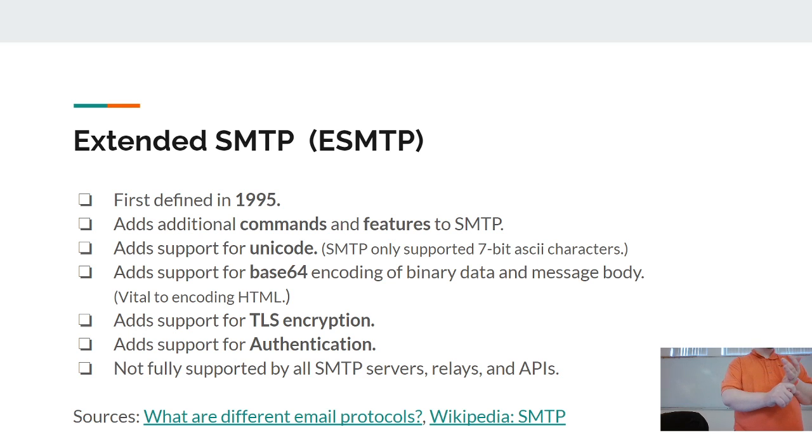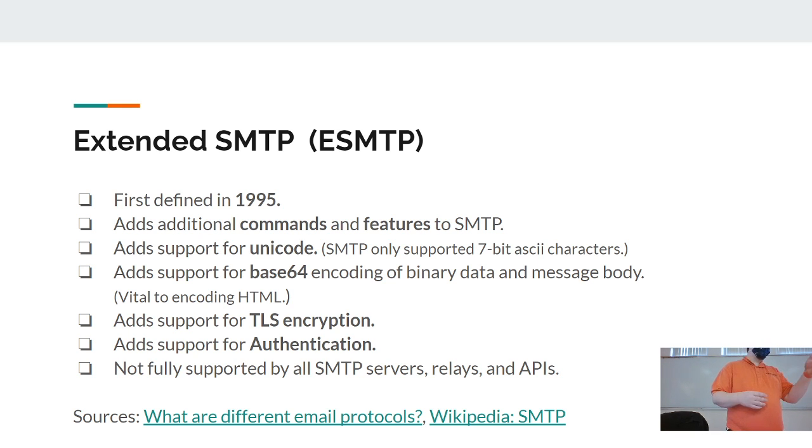Base64 is included in there as well to be able to send binary data, including HTML, because HTML ends up getting base64 encoded as well. It also introduces TLS encryption, which is kind of one of those options for doing HTTPS as well, so it's a similar sort of encryption scheme.